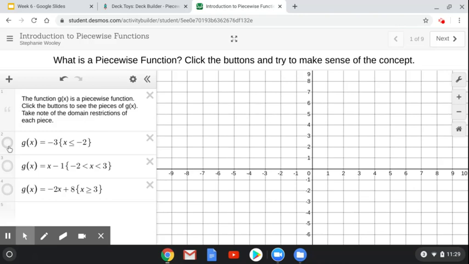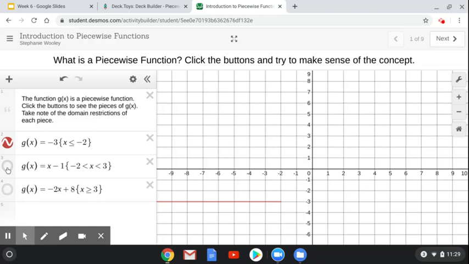When I click the first button, it's going to graph g of x equals -3, which is right here, and the domain is, or when this function starts, when x is less than or equal to -2. One thing that I really like about Desmos is as you click the various pieces, it graphs them in different colors. So it's a great visual approach to looking at piecewise functions.